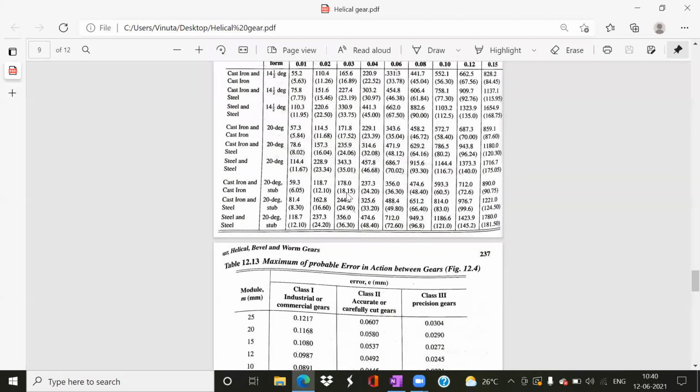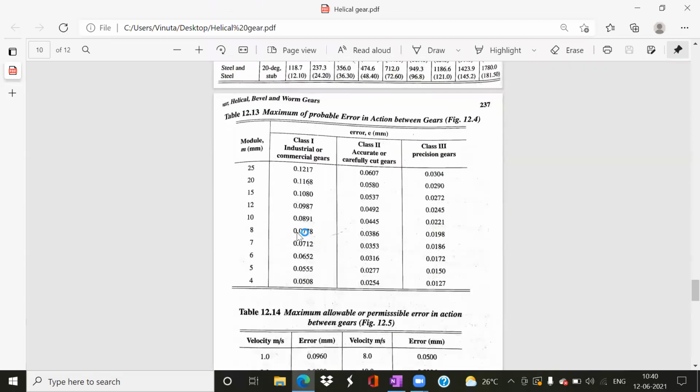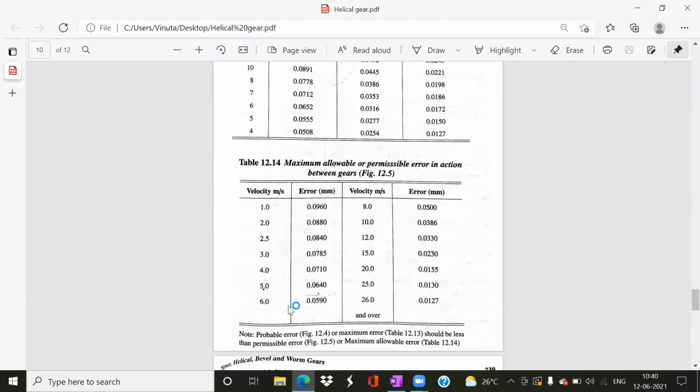In this 12.13, while considering the velocity, your question was why we didn't consider this 12.14 table. Yes, sir.